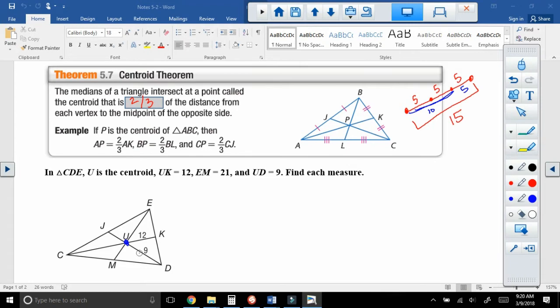So let's say it started out giving us UK. That's the portion of CK. Is that the 1/3 part or the 2/3 part? That's the 1/3 piece. So how long is CU?